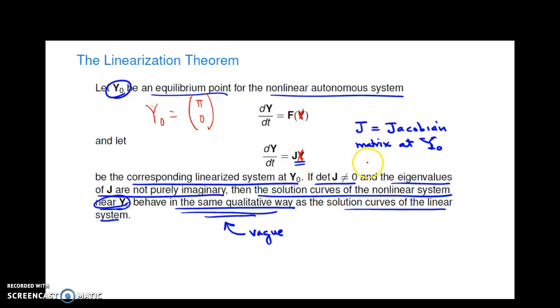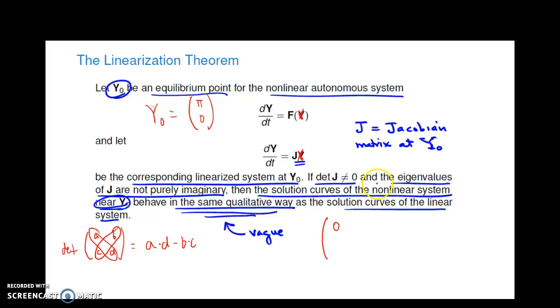If the following conditions hold: the determinant of the Jacobian is not 0, written det J, and the determinant of a 2x2 matrix with elements a, b, c, d is the difference between the cross products, a times d minus b times c. We won't discuss what exactly that means in this context, but that would be the determinant.